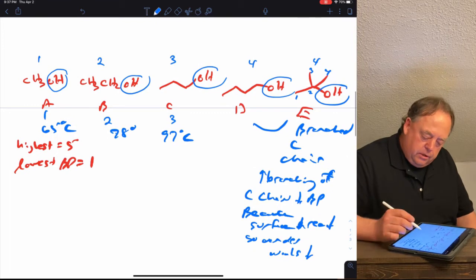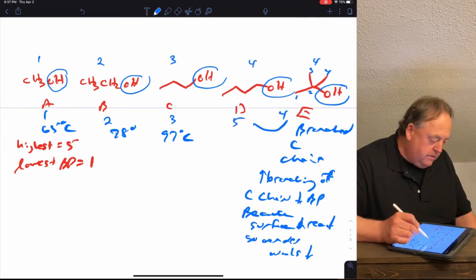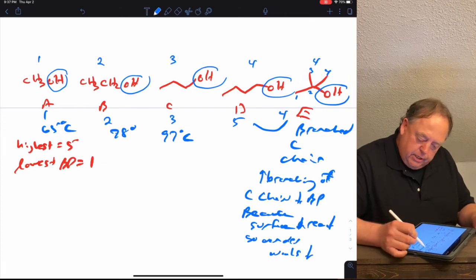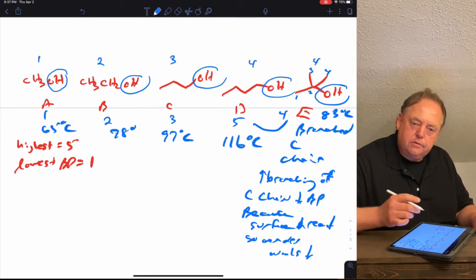So E is going to be lower than D. So this will be 4 and this will be 5. So 4 carbon chain E is 83 degrees Celsius and D is 116 degrees Celsius.